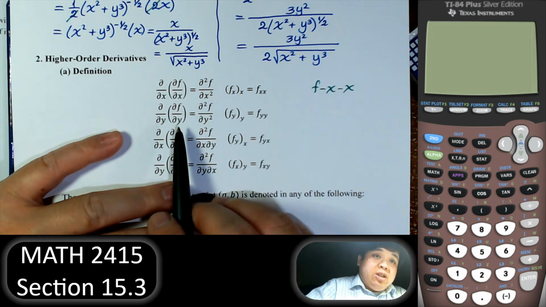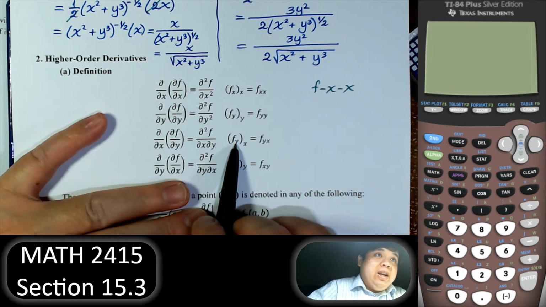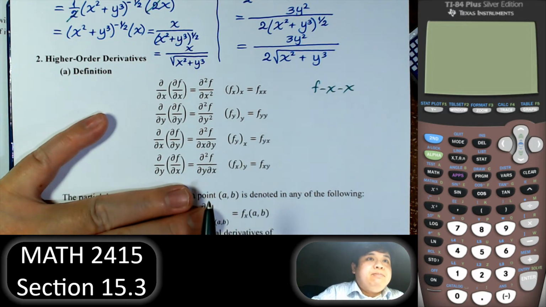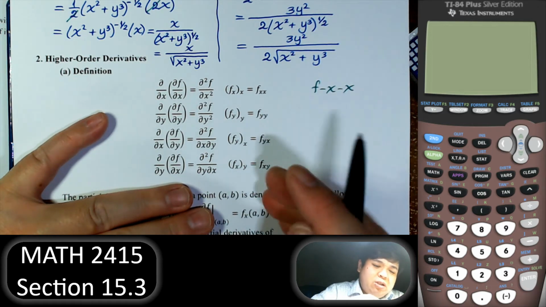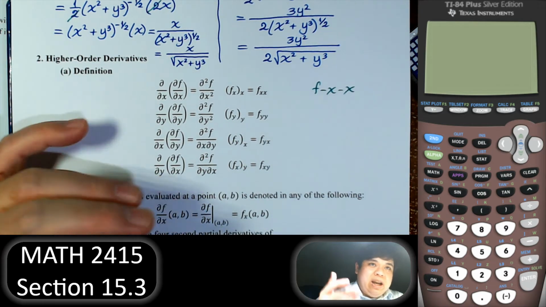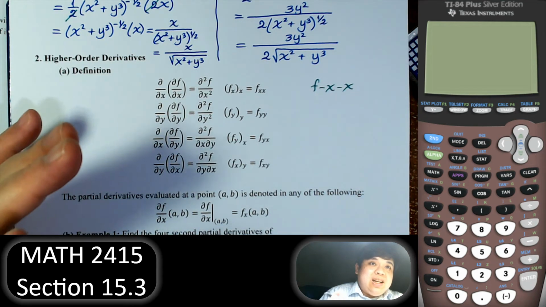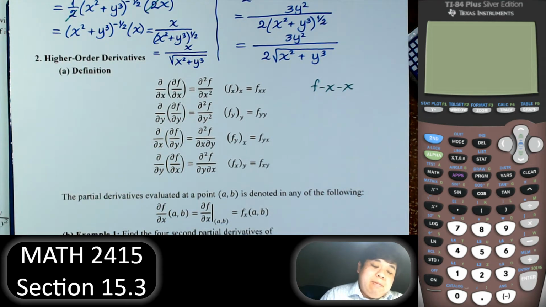Now it's more interesting if we have derivative with respect to y and then with respect to x, and then derivative with respect to x and then with respect to y. Because we still say f_yx, f_xy, and f_yy. It doesn't matter. Like I said, in this context, that is assumed to be just the derivative. Right.